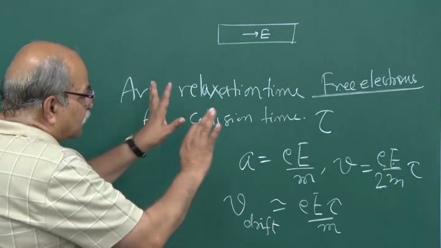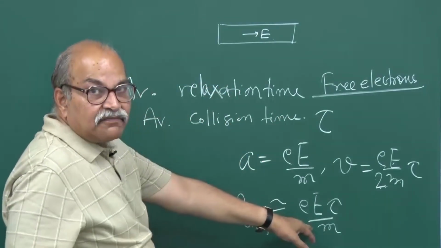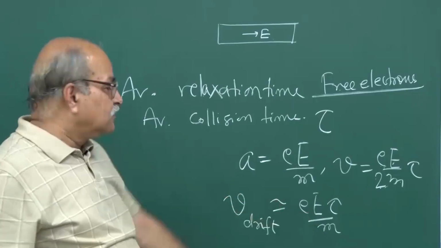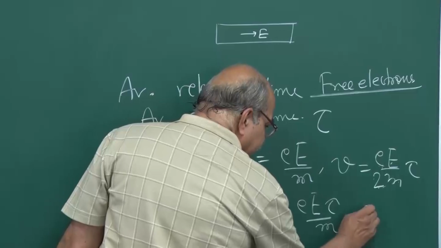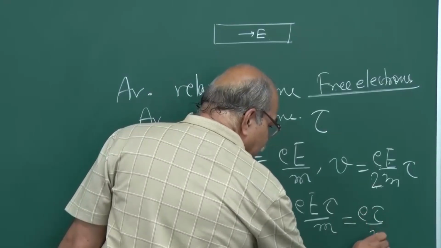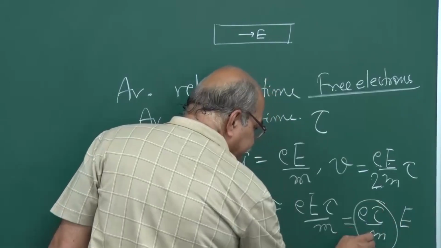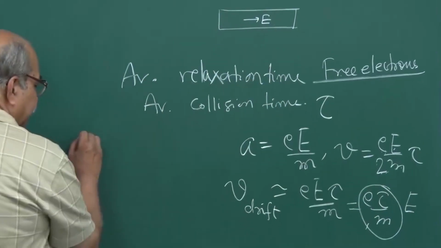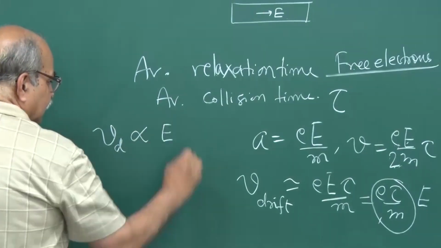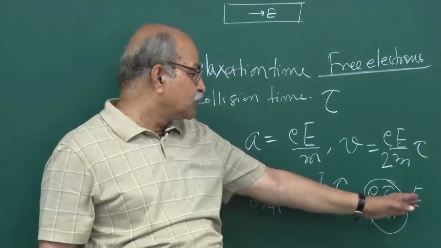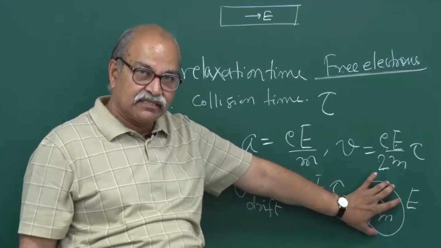And if the electrons are drifting with on the average this kind of velocity, you can write it as E tau by m times capital E, so Vd is proportional to E. In this calculation, E tau by m is the proportionality constant.